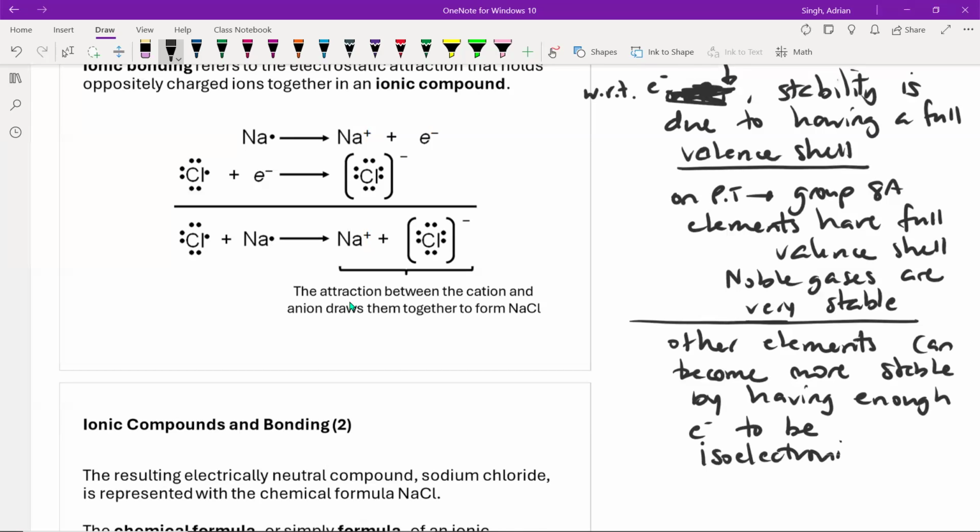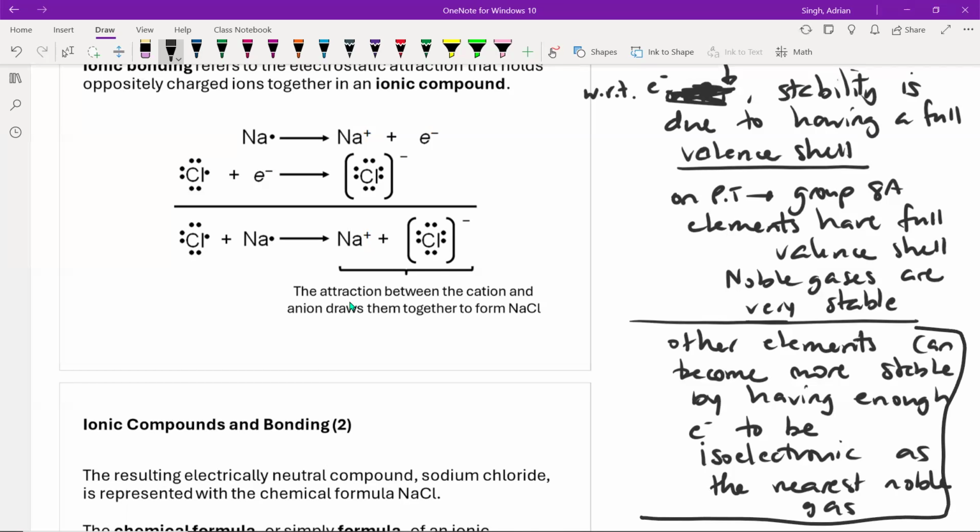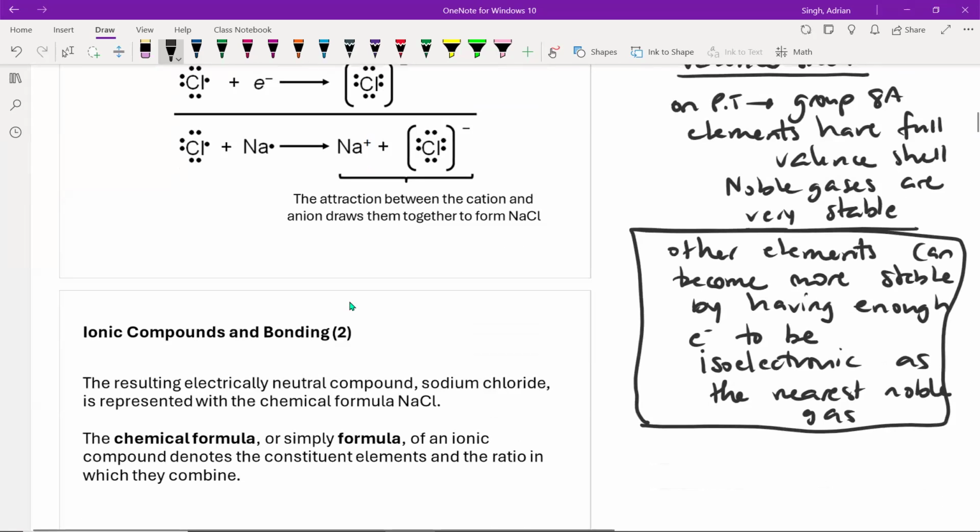You know what that term means now: having the same number of electrons as the nearest noble gas to them. That is a very important statement because we can use that to explain not just ionic bonding that we're going to see now, but we can use it to explain covalent bonding down the road. It's stability. The elements want to be isoelectronic to the nearest noble gas.